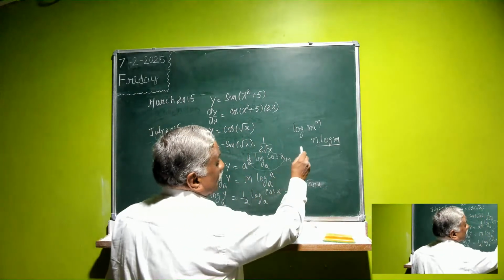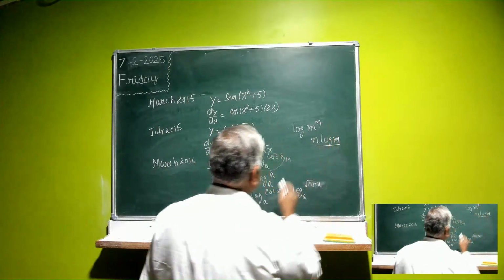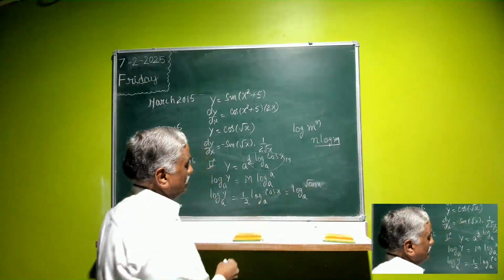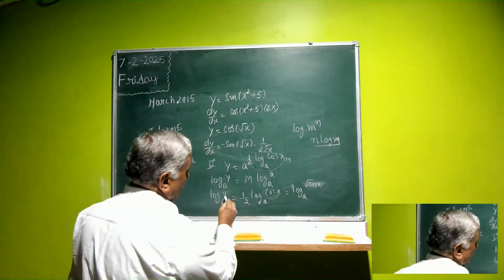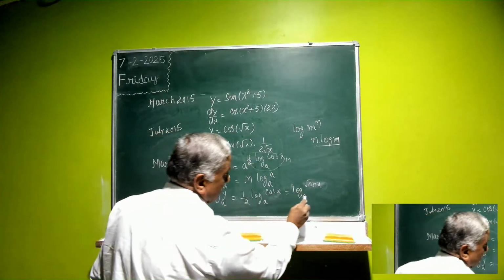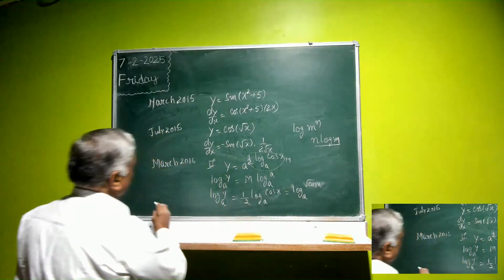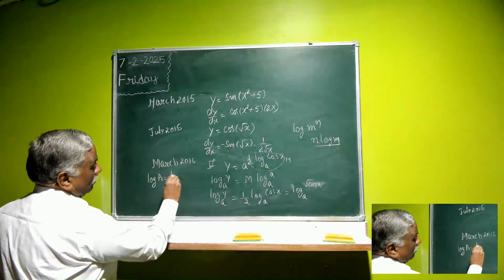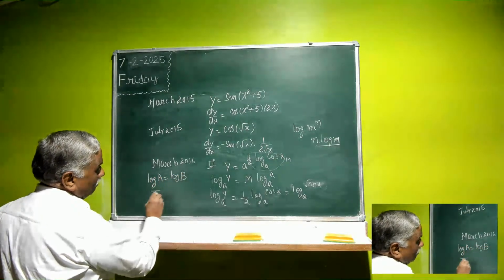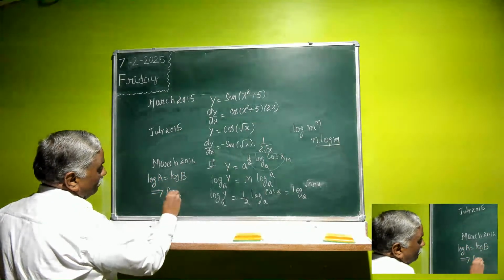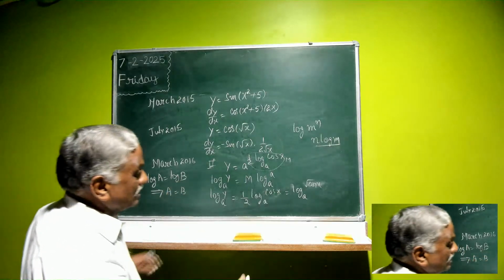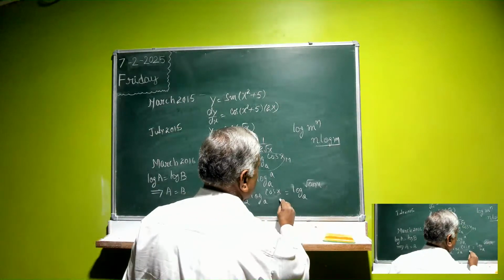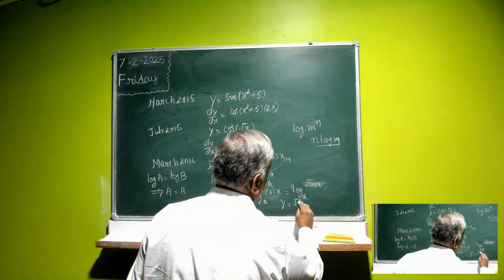How do you get root cos x? n log m is log m power n, so I have taken this half there. Now, because I have taken base a here, there is also base a on the other side. So you should remember the formula: log a is equal to log b implies a is equal to b. So you get y is equal to root cos x.